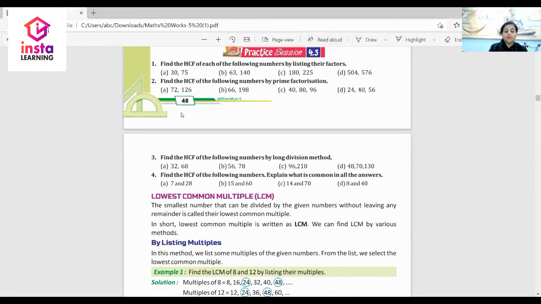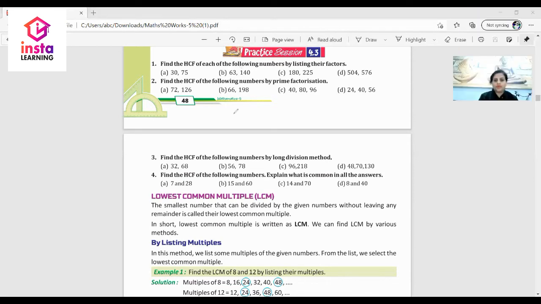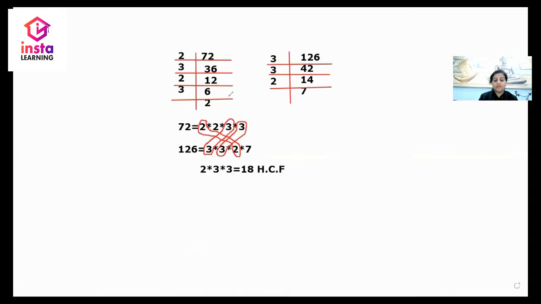Now we will do the third point, that is find the HCF of the following numbers by the long division method. So I am going to tell you what the long division method is on my whiteboard. Okay, in that what you have to do is make the small number the divisor and the big number the dividend.